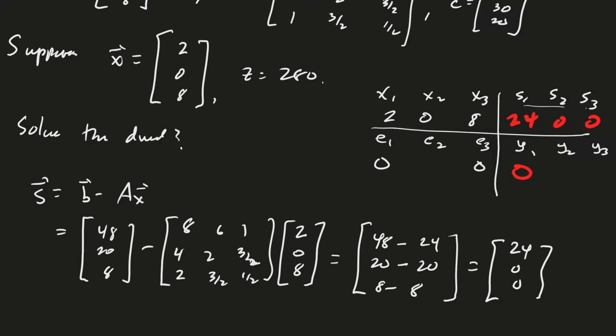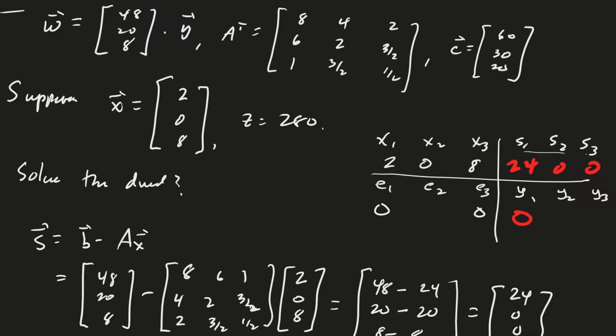So now what am I left with? I've only got to solve for y2 and y3. I also know that e1 and e3 are equal to 0, which means that my first and third equations are going to be equalities, and I know that y1 must be equal to 0.